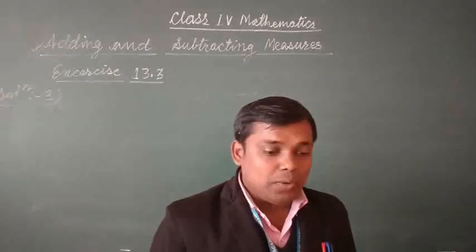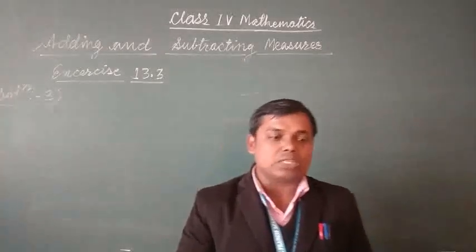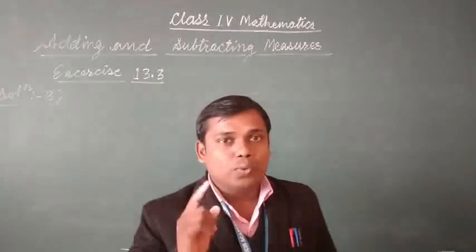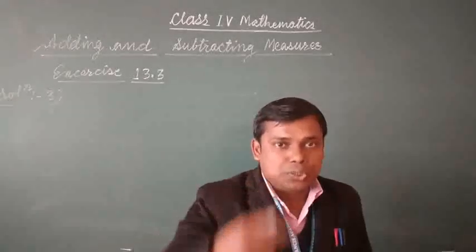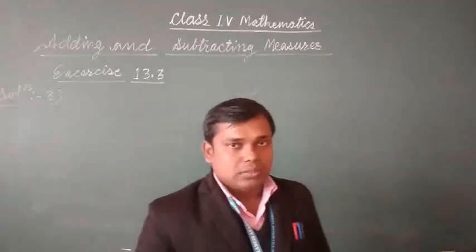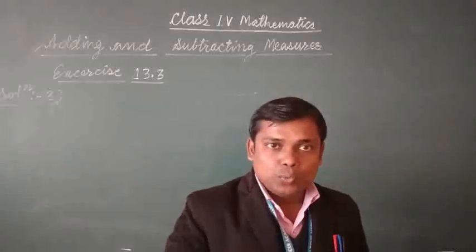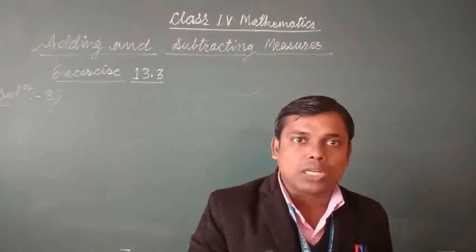What is the total weight of the basket? So just before solving question number 3, I told whenever it is asked to calculate total, we will add all together. Okay, so 3 different weights given to us, we will add them together to get the total weights.